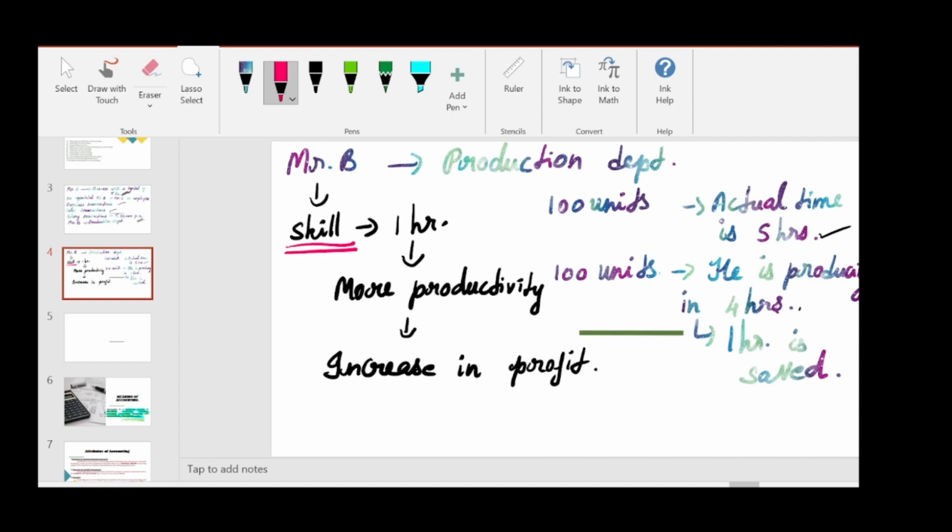But we cannot measure the skill in monetary terms. So what can we record in our books? We will record only the salary paid to Mr. B, which is 50,000 per month.